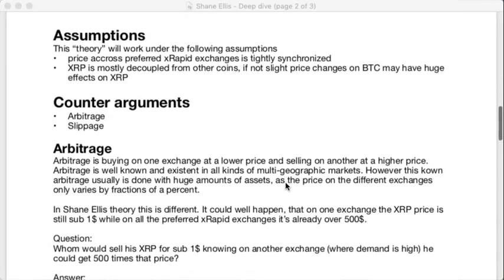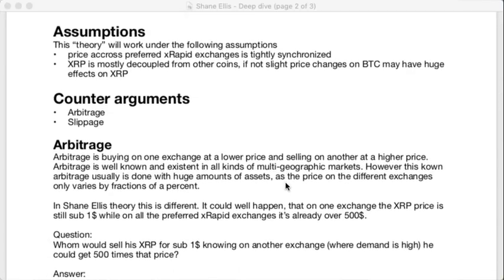Now back to the Shane Ellis theory. There are two assumptions he's making, and basically it has to do with the preferred XRapid partner exchanges.